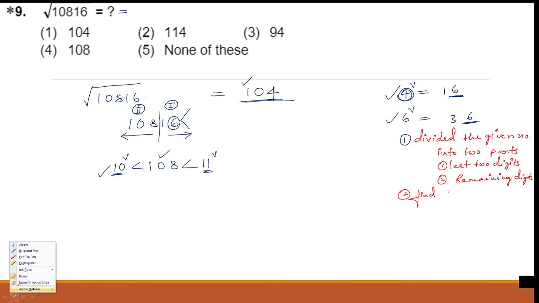I'm going to write the steps for understanding. After seeing this video, maybe you can understand by the construction or steps. So find which two squares the second part lies between.